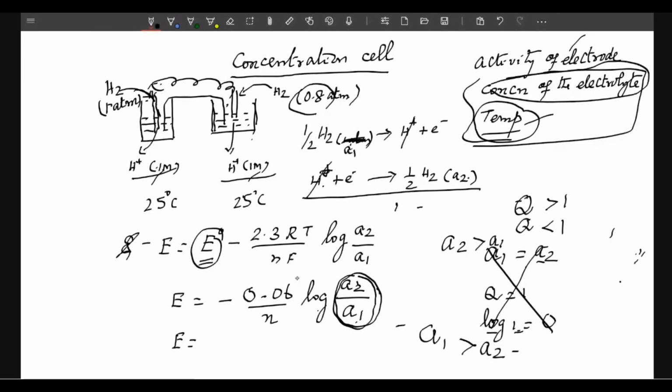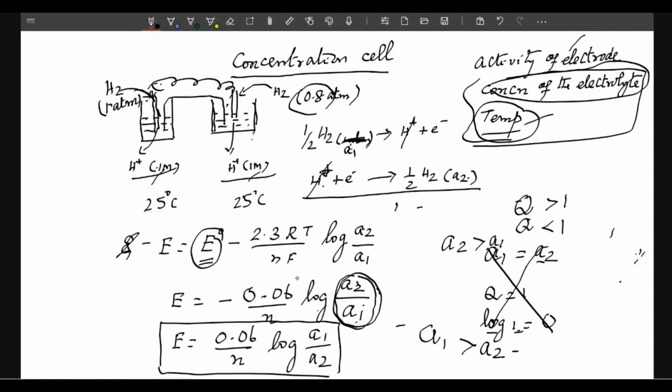That negative, with the minus sign, becomes positive. Therefore, for the electrode concentration cell, we can write the equation as log of A1 by A2. A1 is the higher activity, A2 is lower. Look at the change, look at the difference. This leads from a negative value to a positive value.